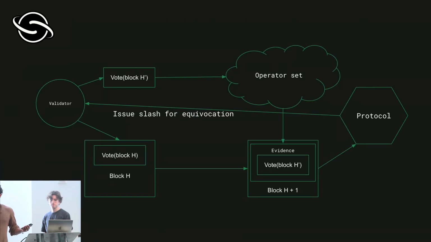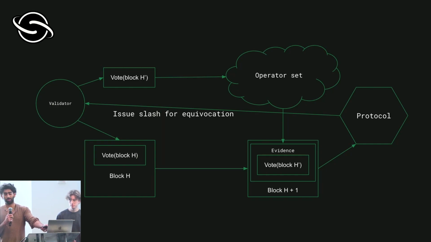An illustrative example of this is a validator equivocating via a double sign, right? So this validator has previously entered into a commitment considered credible with the protocol that it won't double sign. So at block H, its vote on block H is finalized. So the protocol only sees that vote. Everything seems fine.